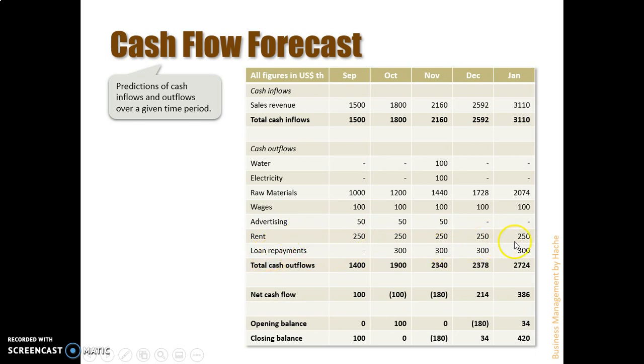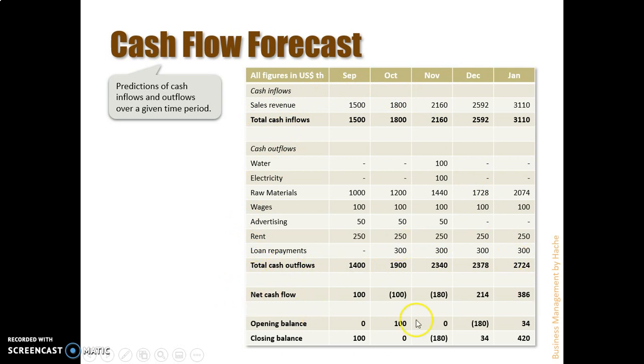Any loan repayments, for example, would be included. So for every month, you find out and calculate what the regular expenses would be that you will be paying to keep the business running, and we calculate that as total cash outflows. So we have these two sections: total cash inflows, total cash outflows.